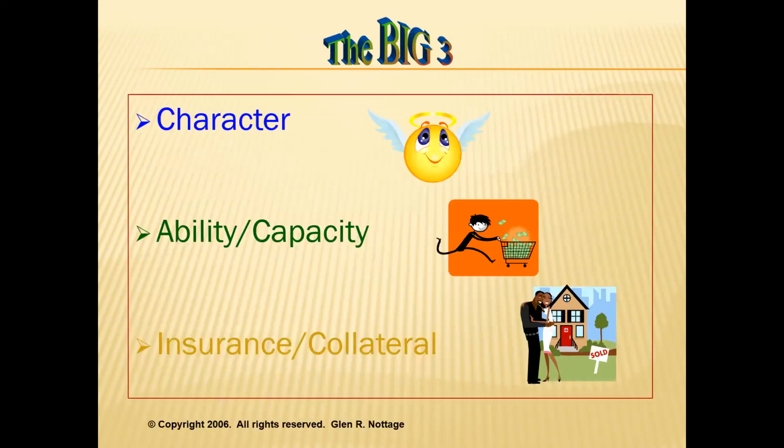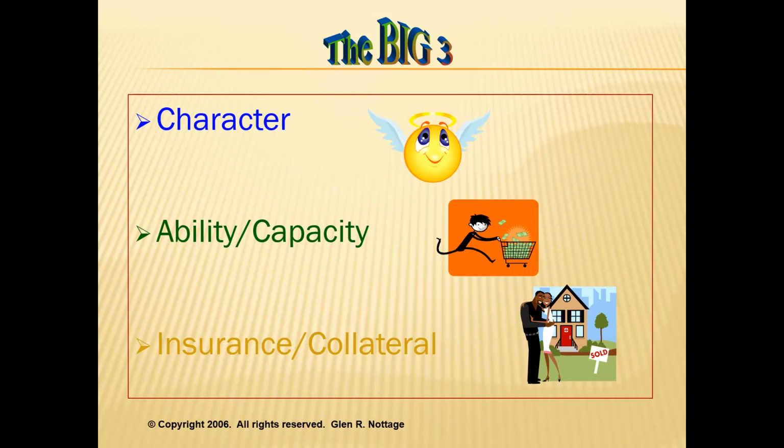Then we looked at the big 3, which we said was common to the COMPARI as well as the credit C's. So the first one was character, in COMPARI as well as in credit C's. Ability in COMPARI, capacity or capability in credit C's. Insurance is your collateral security, so it's insurance under COMPARI, and collateral under the credit C's.